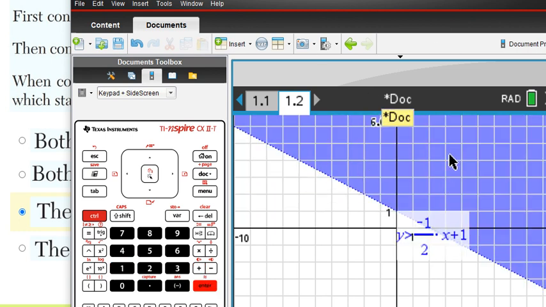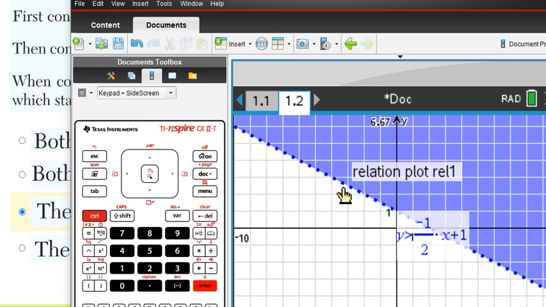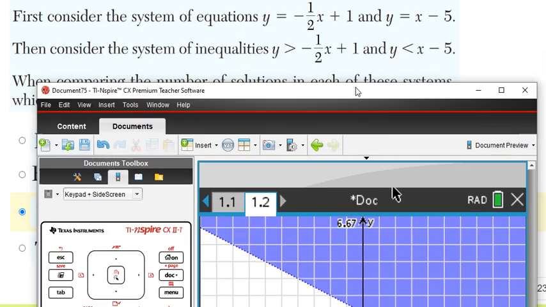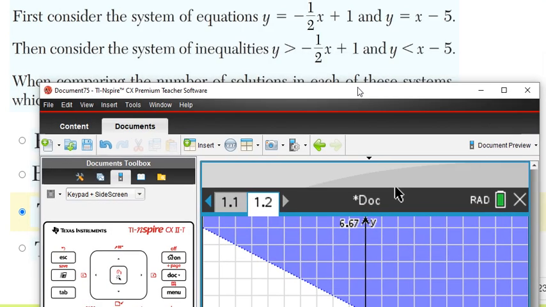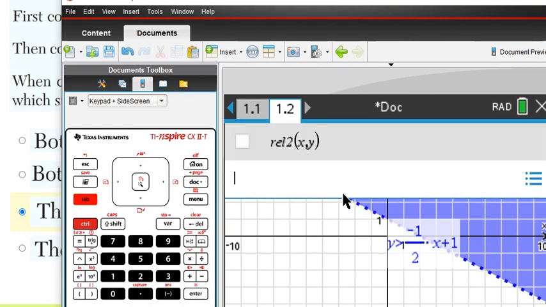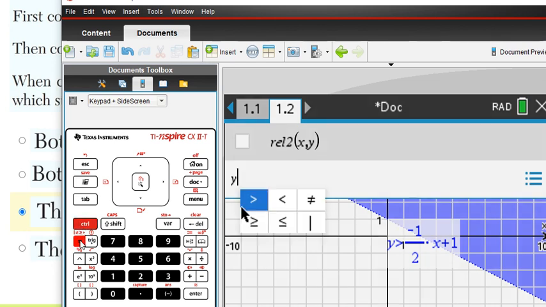And here, notice, now the dotted line, those are not solutions. But everything up in here in the blue is a solution to that inequality. Now we do y is less than x minus 5. So when I press tab, since I already set up relation, I just need that less than symbol.